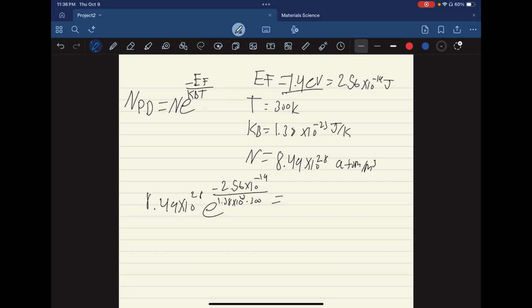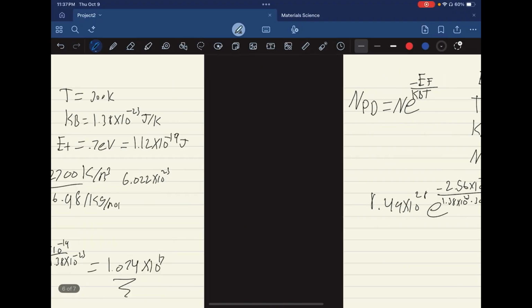And you can just go ahead and plug that into your calculator and you get 2.57 times 10 to the 5. And that is also going to be the vacancies we could expect to see in a 1 meter by 1 meter by 1 meter cube of iron.